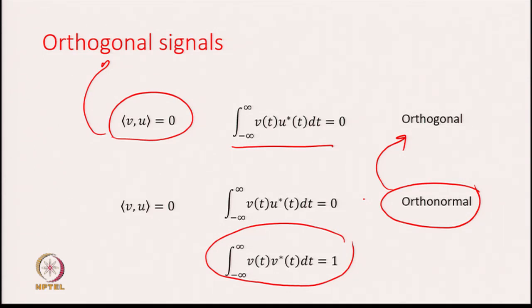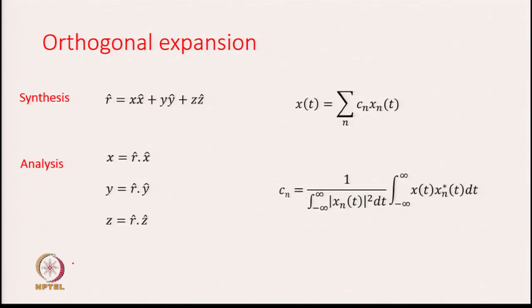So, these are the three important ideas that we learned in the last week. We have also seen the orthogonal expansion of a signal. To think about this orthogonal expansion, it is easier to think in terms of vectors, and again easier in terms of a 3D vector.